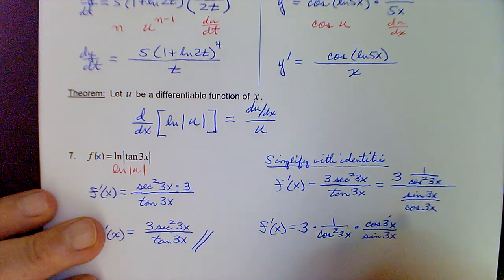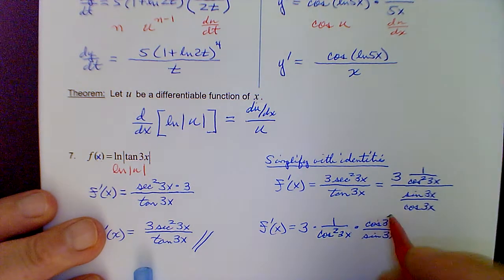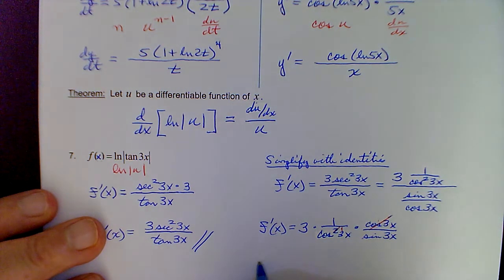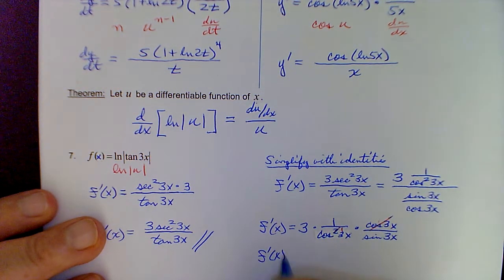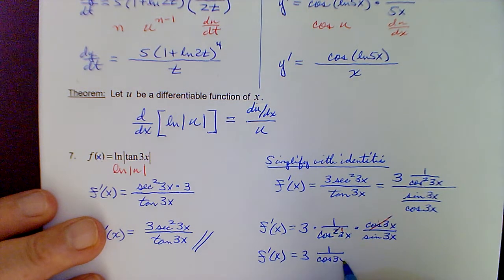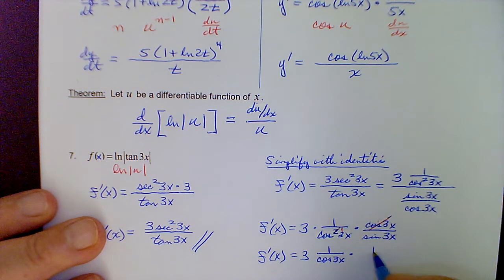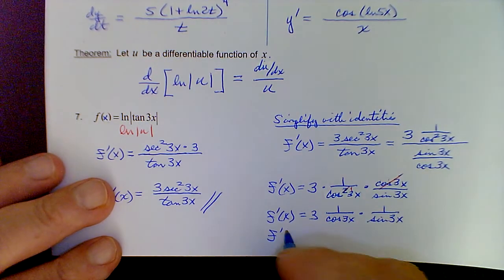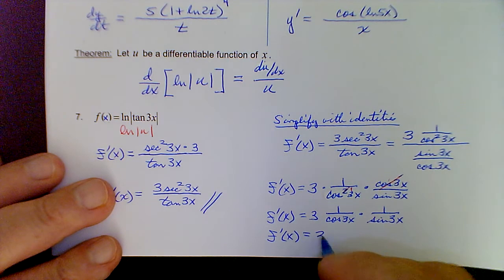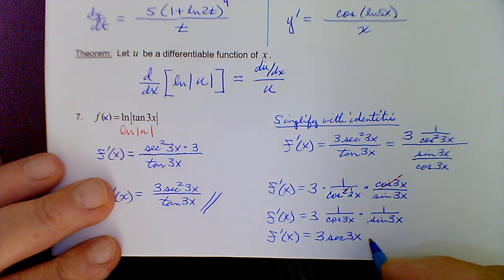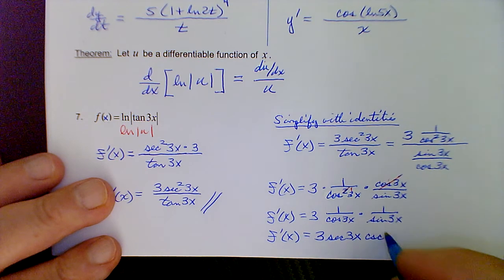We could then cancel one factor of cosine. Let me do it that way. And we'd get 3 times 1 over cosine 3x times 1 over sine 3x, and then we could transform the 1 over cosine and 1 over sine back. 1 over cosine is secant, and 1 over sine is cosecant.